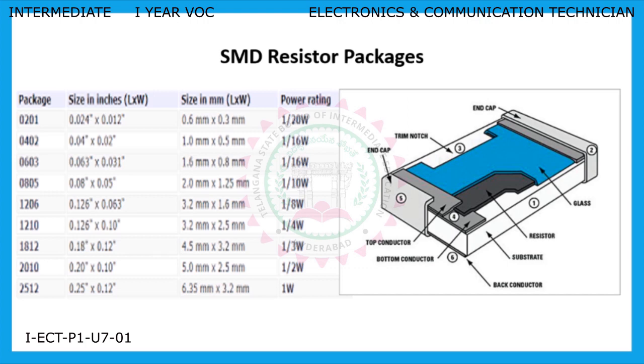We will consider the example, the package number 0201. It indicates that the size of the package is 0.02 inches length and 0.01 inches width, and the power rating is 1/20th of a watt. Another example, 0402.